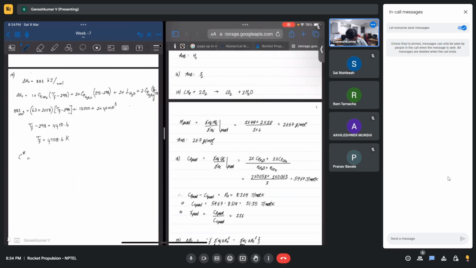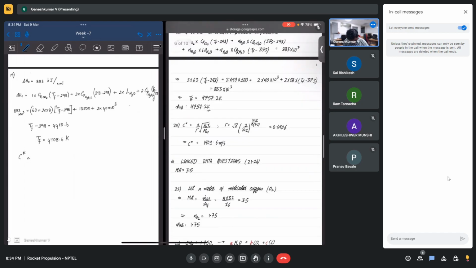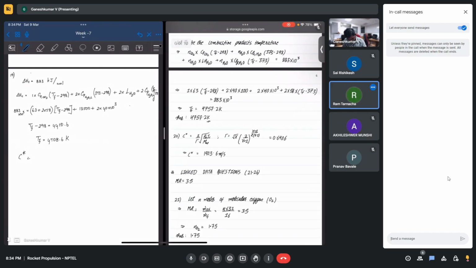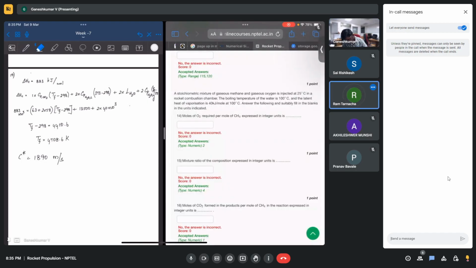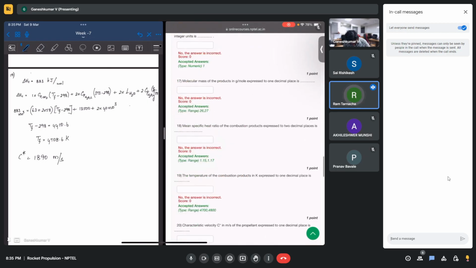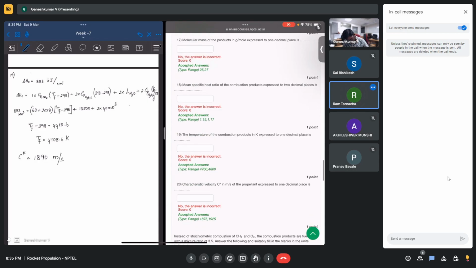Put 75 there. So C star I'm getting something like 1890 meters per second. And maybe I am not wrong.